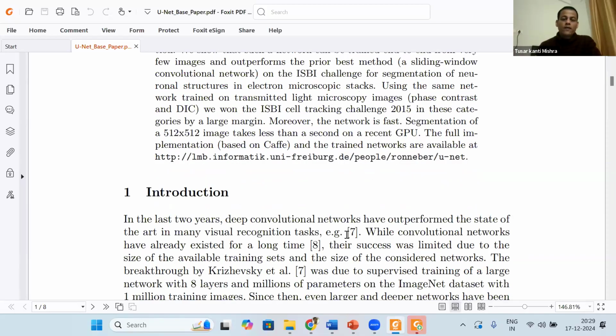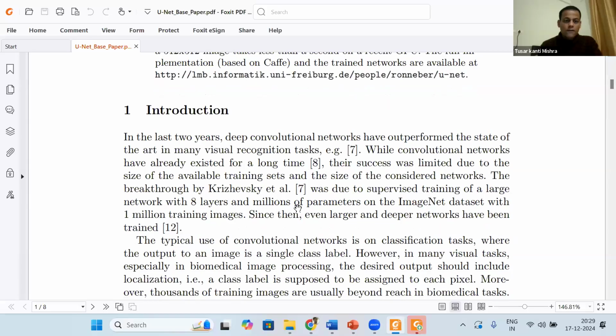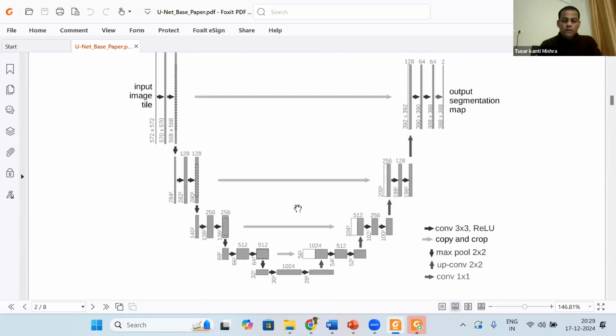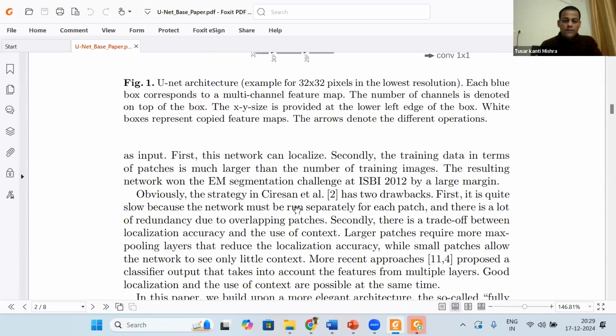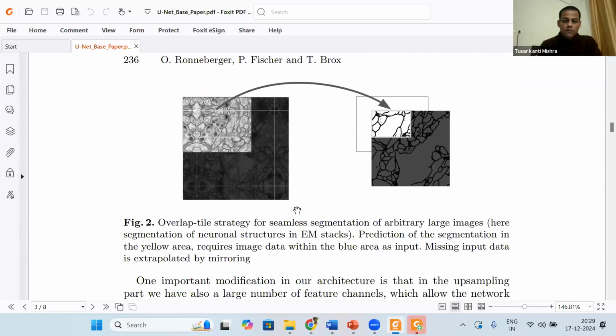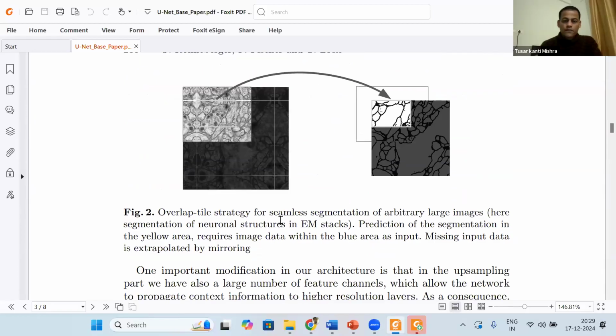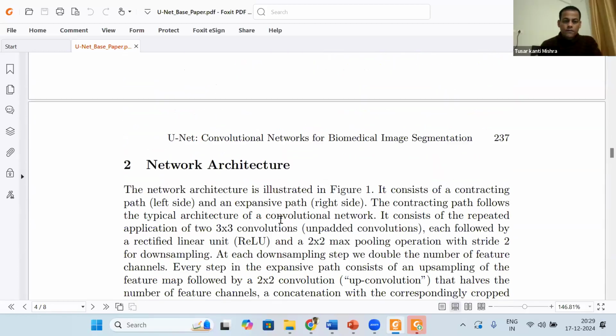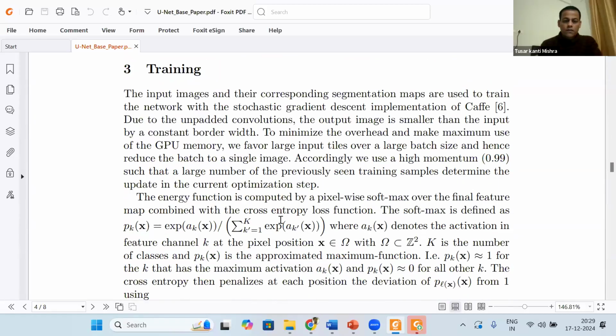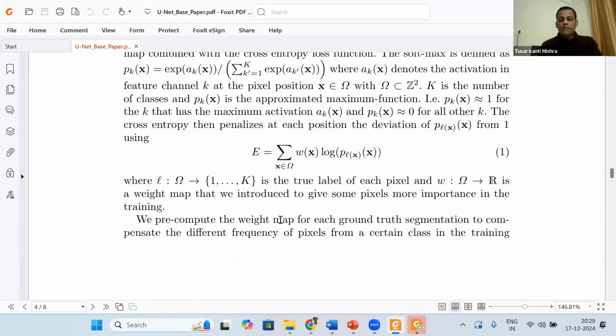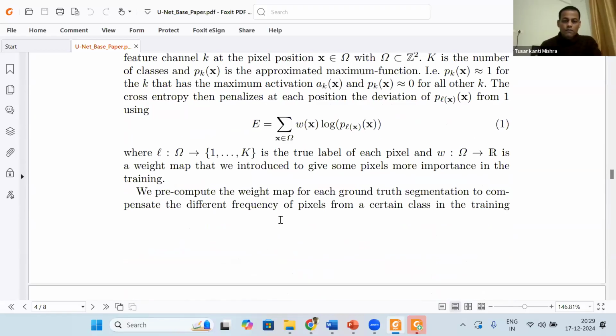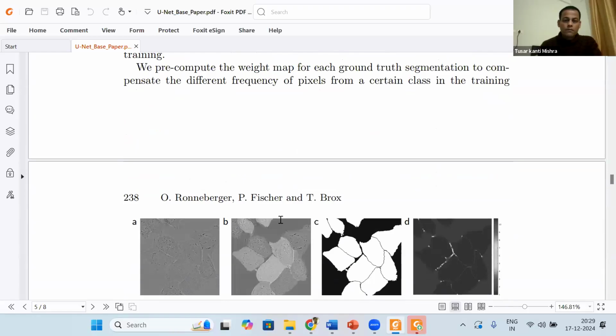They have done the full implementation based on Caffe, and that link is also provided here. For some people this paper might not be downloadable, so I'll be sharing it with all. I'm scrolling down. For the mathematical model they have already prepared, pixel level.